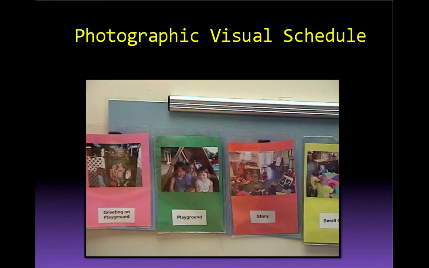Photographic visual schedules are really helpful for children who are lower on the symbolic representational scale. They're very concrete and show the situation, how it might actually look, and these can be pictures of the individuals participating in those activities.